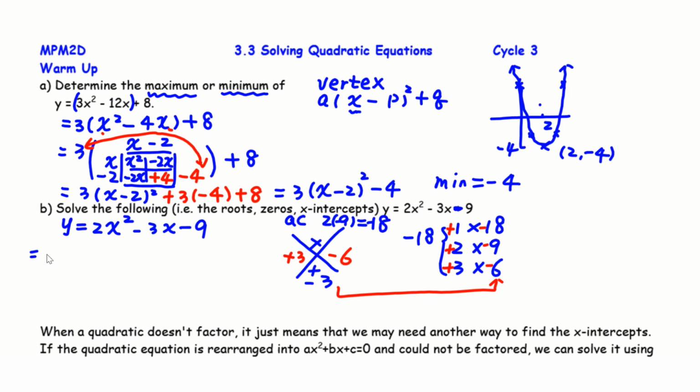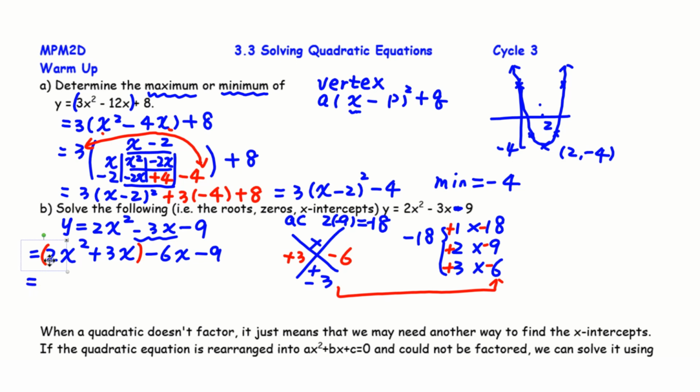So equals 2x squared. I will show you the grouping method. These two numbers we are going to use to rewrite this negative 3 to make 3 terms into 4 terms. Then we could group them. Group the first two, group the last two.